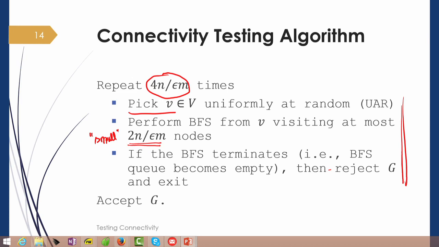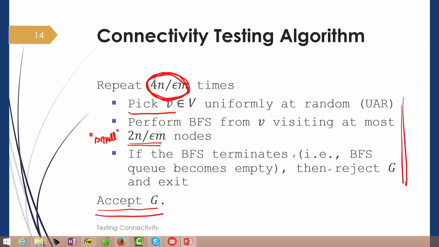If the BFS terminates, that is, if the BFS queue becomes empty, that means we have actually reached a small component, in which case we will reject G, because we now know that the graph G is disconnected. After these many repetitions, if we are not able to find any evidence at all that the graph G is disconnected, then we will come out of the loop and we will accept G.